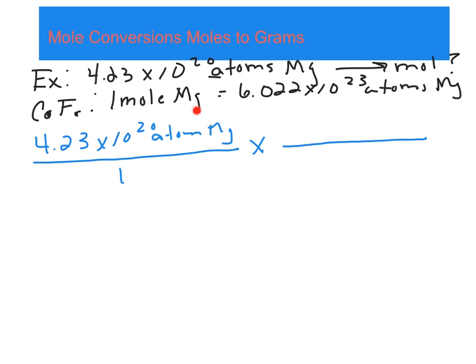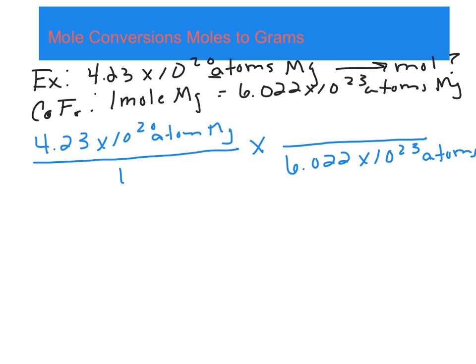I have two values and two spaces, so which one's going to go on the bottom? Am I going to put the moles on the bottom, or the atoms? Well, hint, hint, if I have atoms here, then atoms have to go there. So let's go ahead and write that one in: 6.022 times 10 to the 23rd atoms.